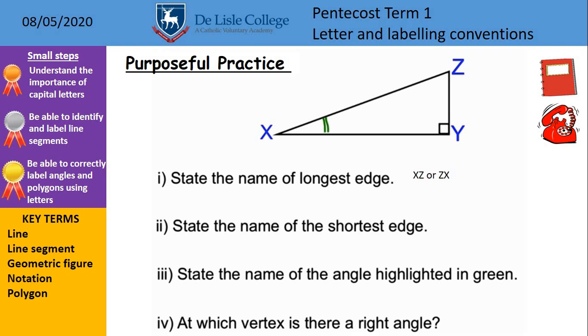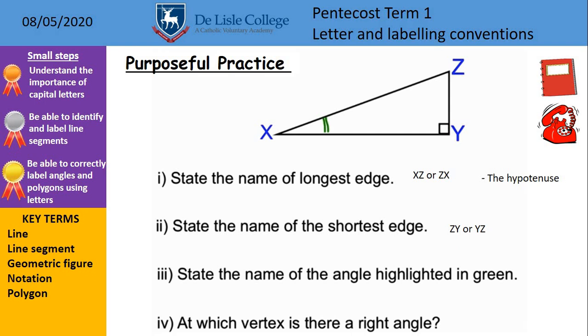In maths, when we have a right angle triangle, which is notated in the bottom right with that little square, the edge opposite that is called the hypotenuse. The hypotenuse is the longest edge on the right angle triangle. Name the shortest edge: ZY or YZ.